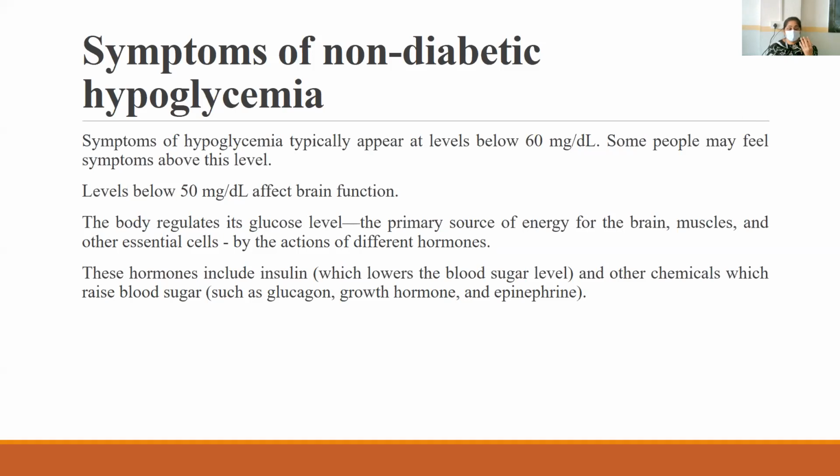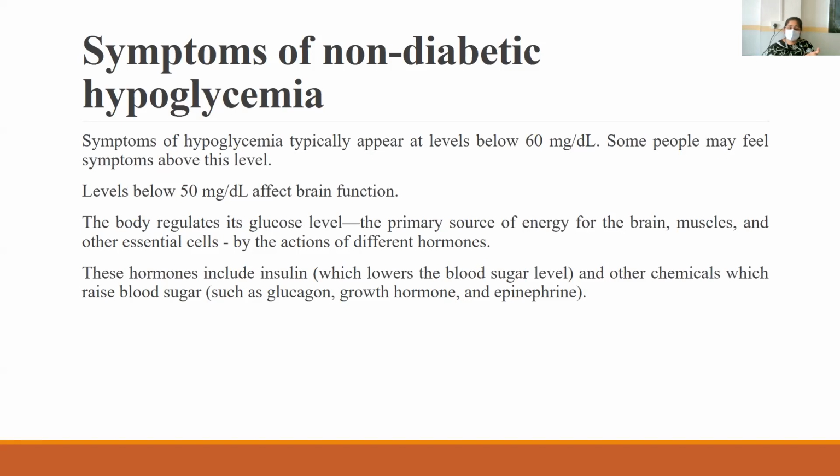Those who have been identified as hypoglycemic should carry some chocolates with them. Whenever you feel a little dizzy, pop in a chocolate and eat. The sugar will immediately reach your brain and you will feel a little energetic. The body regulates its glucose level, the primary source of energy for the brain, muscle, and other essential cells, by the action of different hormones.